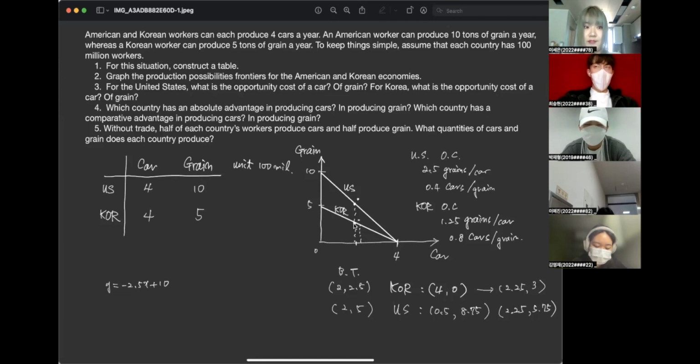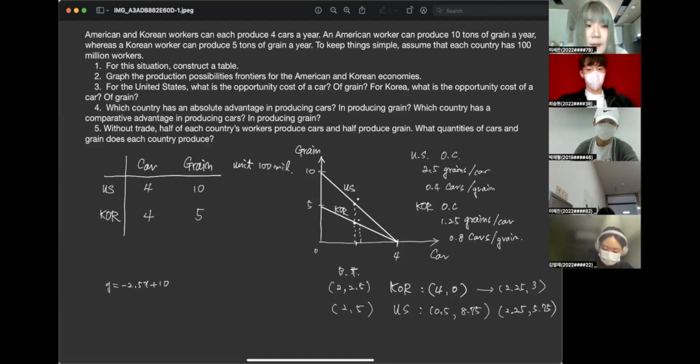Then we can find the midpoint. Korea's case is 2, 2.5, the US case is 2, 5. That's the point I draw right here and right here. Good? Everybody following me, right? Half and half.